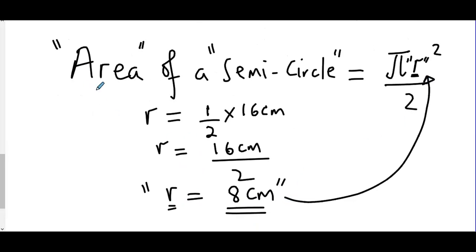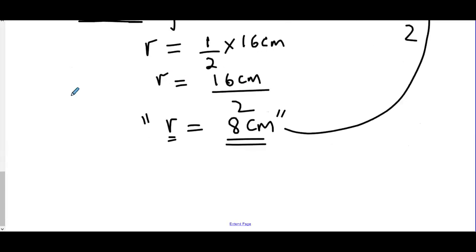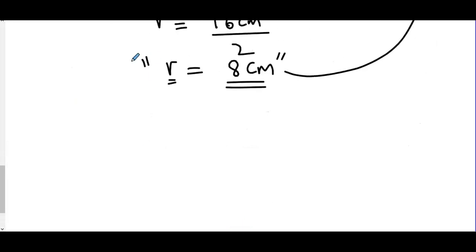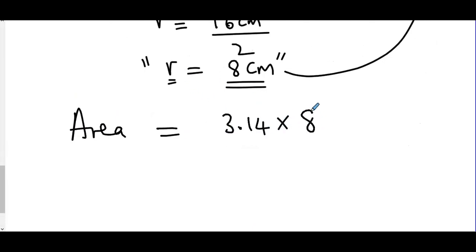So what I'm going to do, I'm going to go ahead finding the area of a semicircle. Now I'm moving with confidence that now I know the radius. So I'm going to write area of a semicircle equals pi r squared. Pi is 3.14 times r squared, 8 squared.